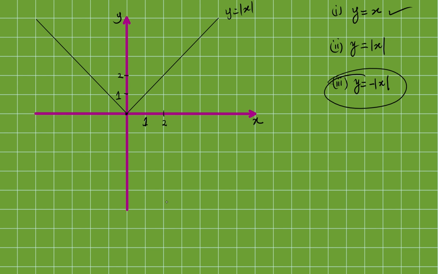Now, how do we draw this? We simply reflect these two parts in the x-axis. Because what this is telling us is that every value of x, which normally, because of the modulus function, should turn out positive, will now be negative, which means your value of y.